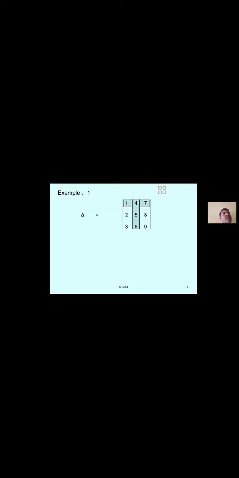That row and column we remove, and with the remaining elements we find the determinant.